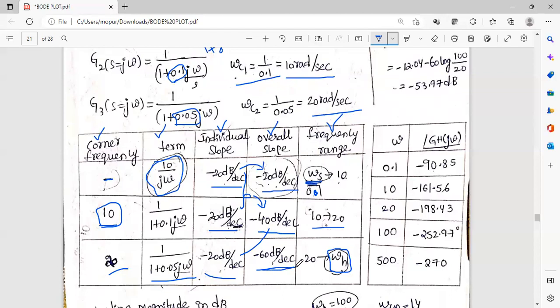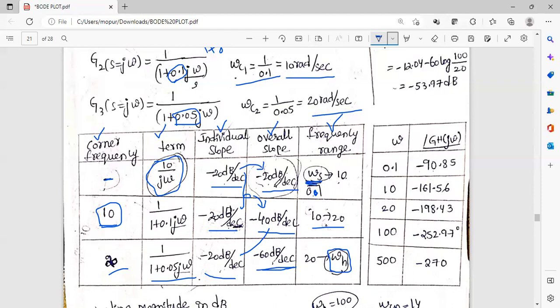So now we have the points, but we should know, at the starting frequency, what is the magnitude of the Bode plot. We know that from starting frequency to 10, it is a minus 20 dB per decade straight line. But that straight line starts at which magnitude? We cannot simply draw a straight line with a slope of minus 20 dB per decade. It should be joining 2 points. That is, for the starting frequency, what is the magnitude? And at 10 radians per second, what is the magnitude in decibels?